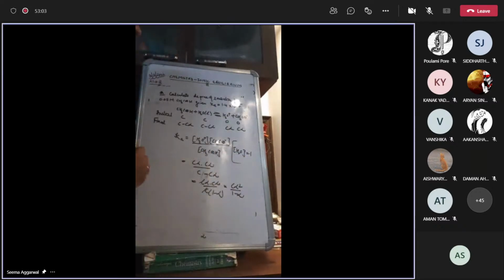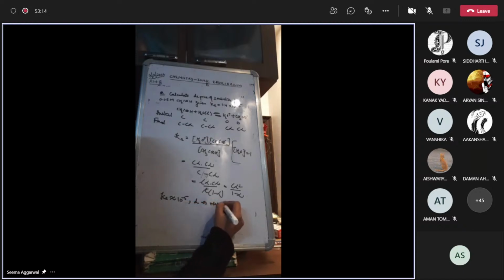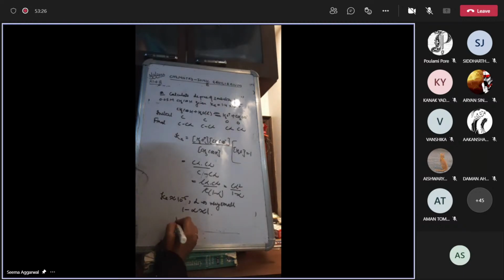Now we can see that Ka is very small. Ka is of the order of 10 raised to power minus 5. So in this case, alpha is very, very small, and 1 minus alpha is almost equal to 1. So since Ka is very small, I can take 1 minus alpha equal to 1, and my formula will now be simplified drastically.